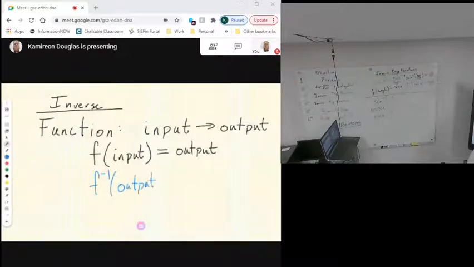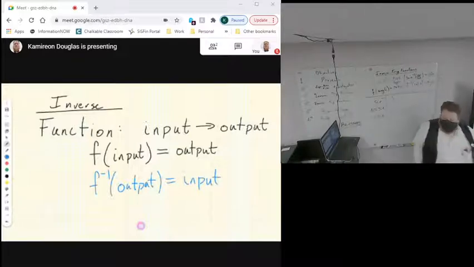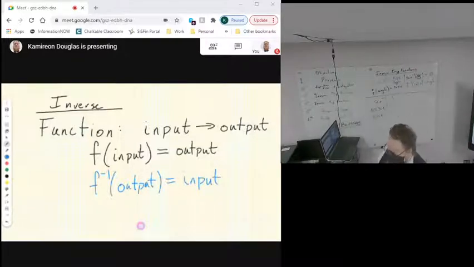It takes whatever output you gave and will tell you what the input was. In many practical applications, we don't always know the input. We don't always know what it started with, but we can measure through physics what the output was. So an inverse is designed to work backwards. If you know the results, you can plug the results in to find where you started.